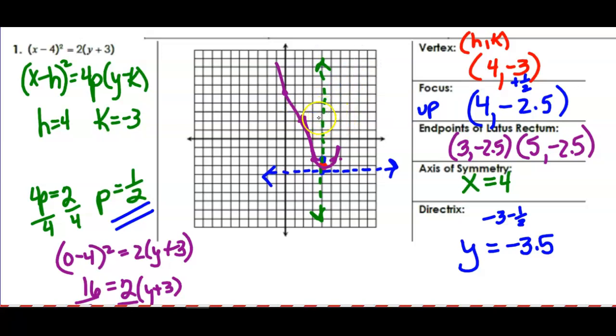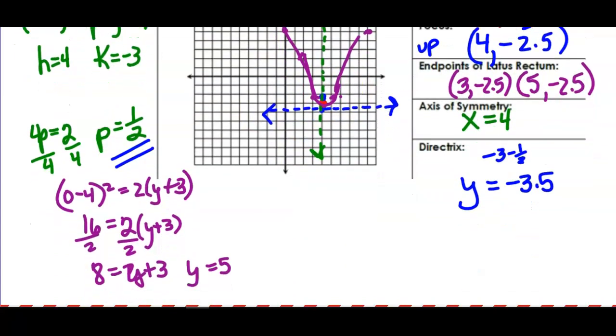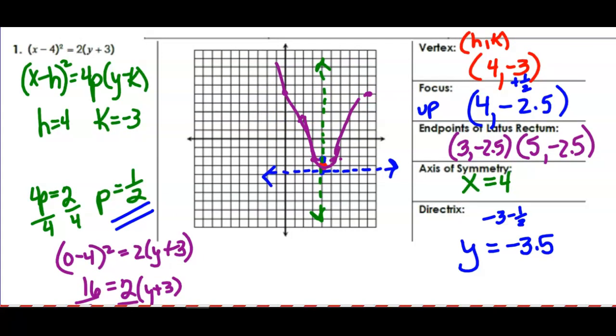All right, let's see, it was 0, 5, 1, 2, 3, 4, 5. That just does not seem right. All right, I'm not drawing this well at all. There we go. Made it too narrow.